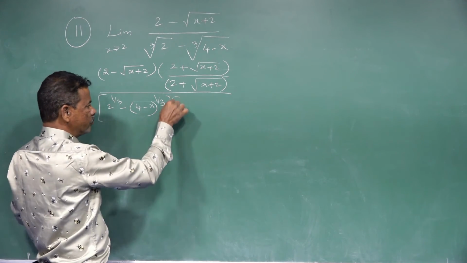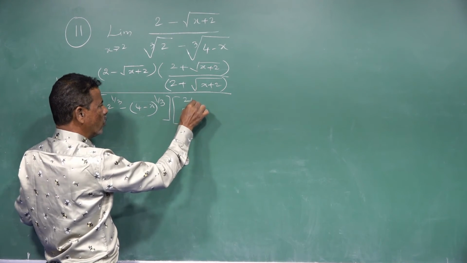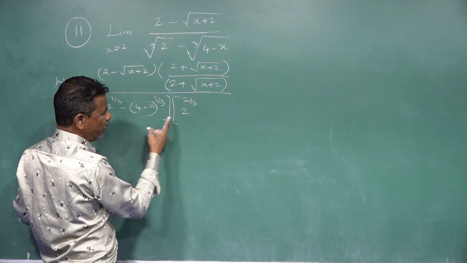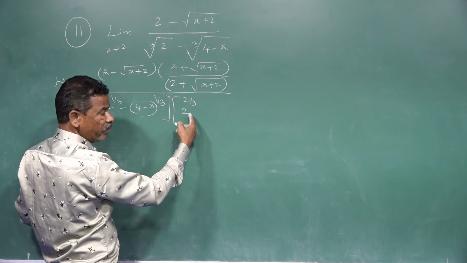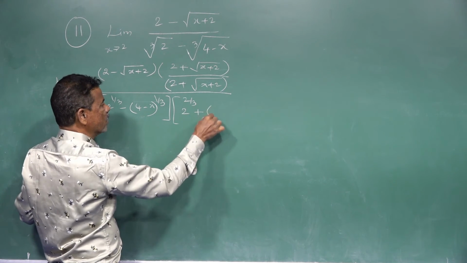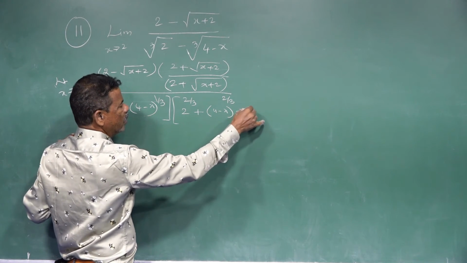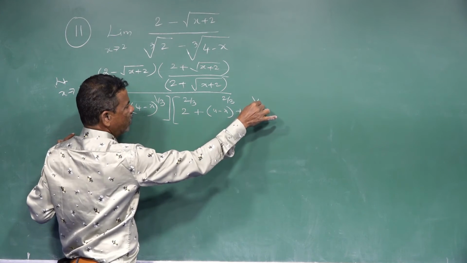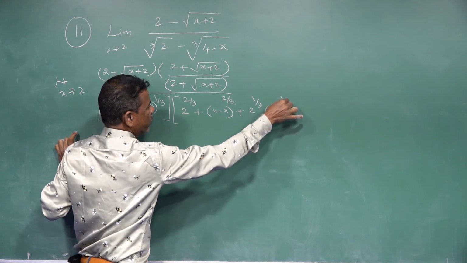Rationalization number 2: 2 power 1 by 3 multiplied by 2 power 2 by 3. Here, for a minus b, the factor is a square plus b square plus ab, that is, 2 power 2 by 3 plus (4 minus x) power 2 by 3 plus 2 power 1 by 3 times (4 minus x) power 1 by 3.